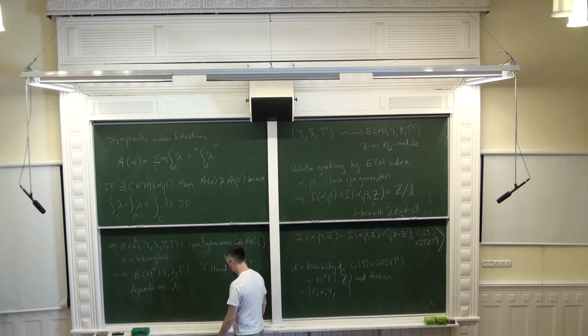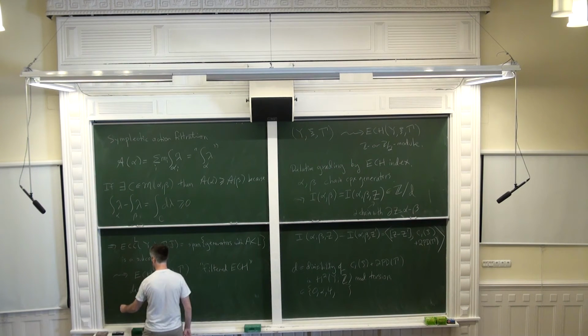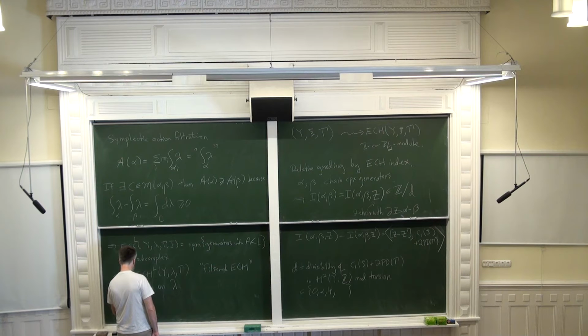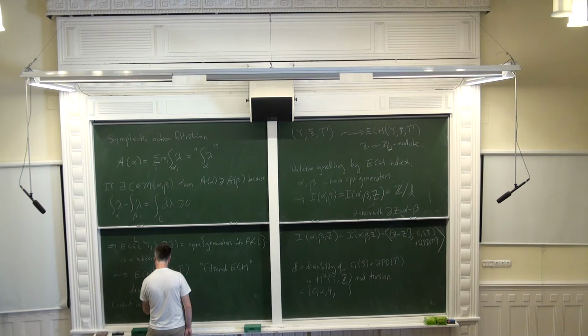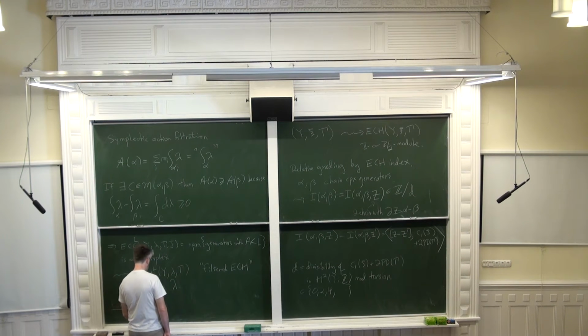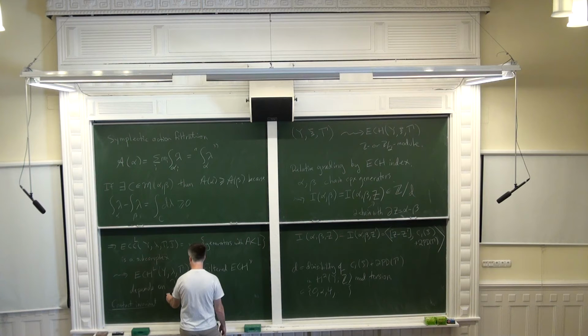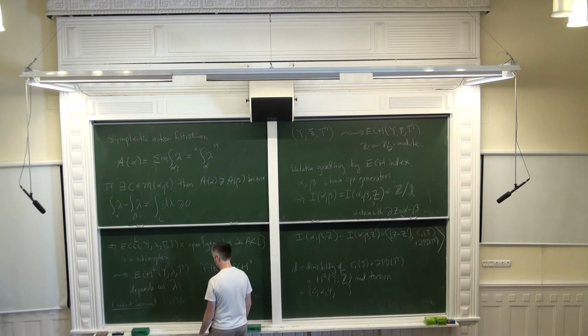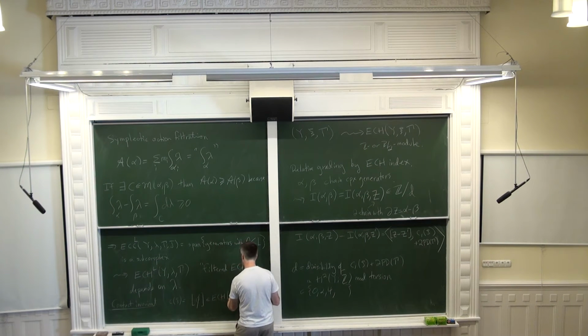There's also the contact invariant. Let's call this c. This is the homology class of the empty set in ECH of Y, xi, 0.